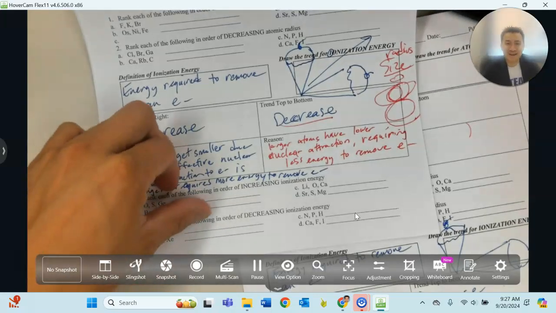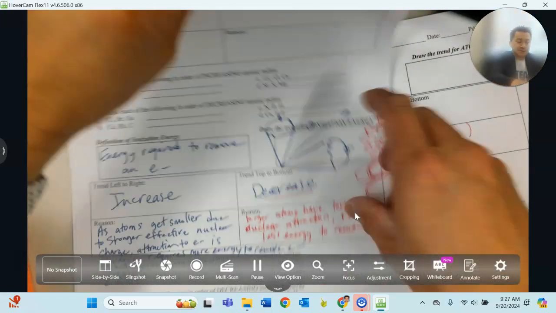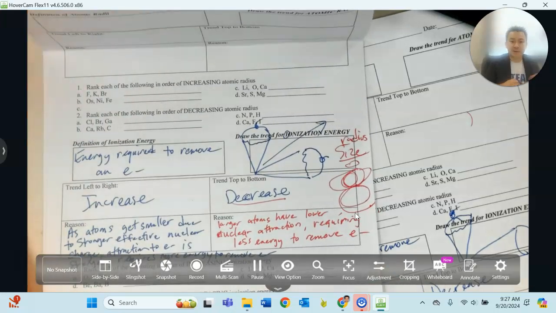Larger atoms have lower nuclear attraction, requiring less energy to remove.